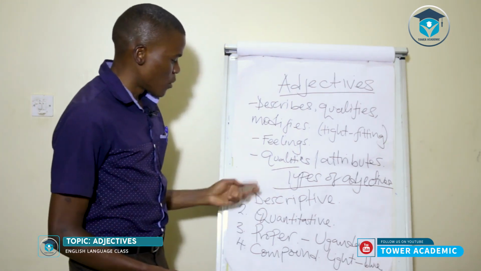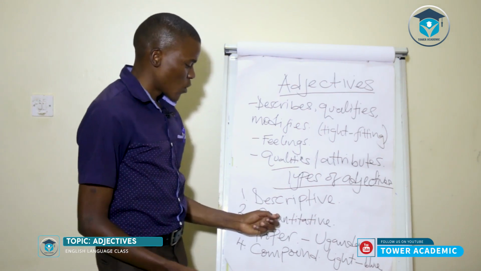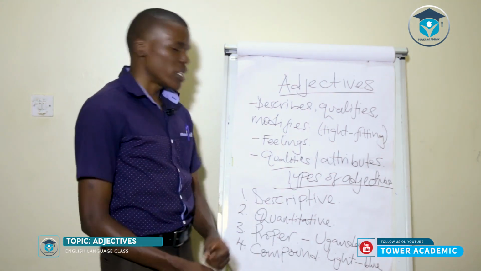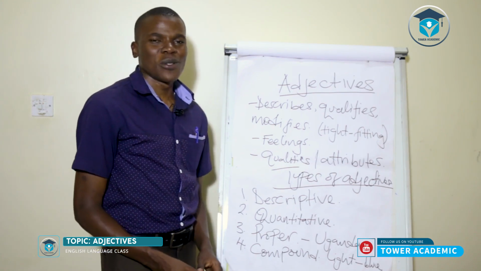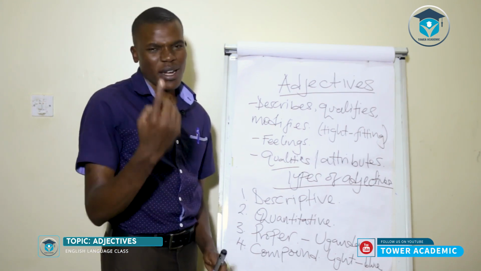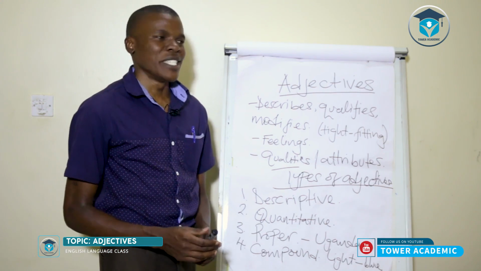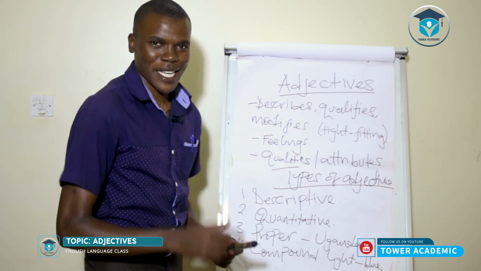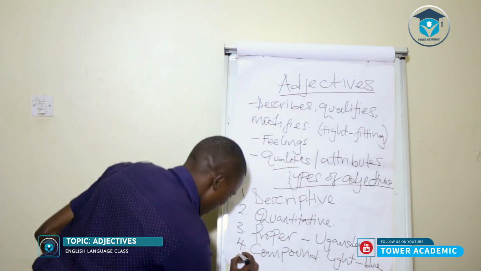So apart from the descriptive type, the quantitative type, the proper type, the compound type, I would like to add on one last type for today. And we will go for the, guess what I'm going to write? Number 5.